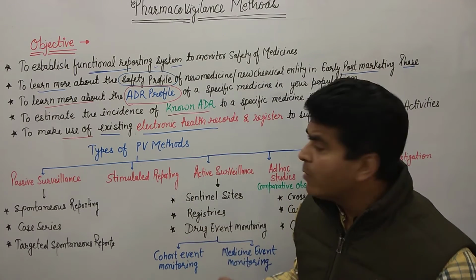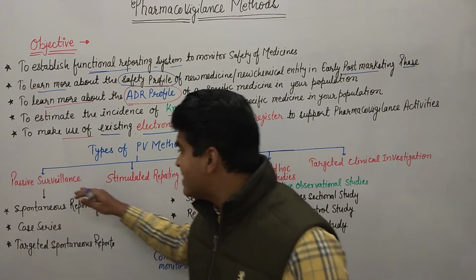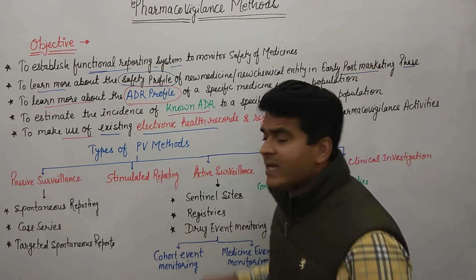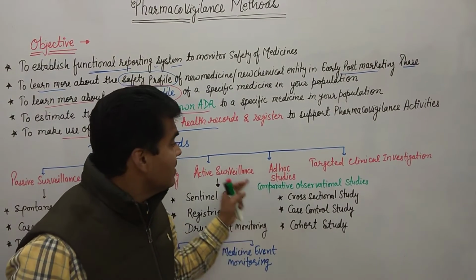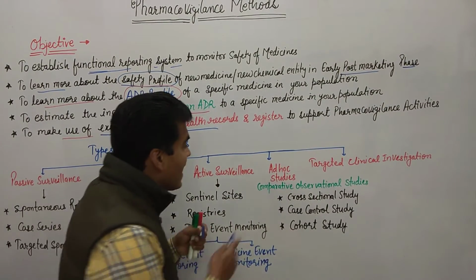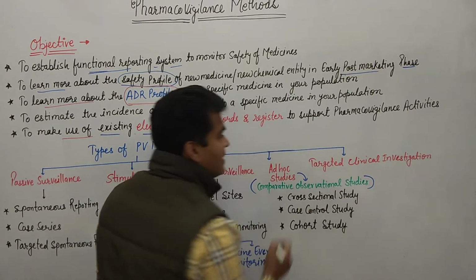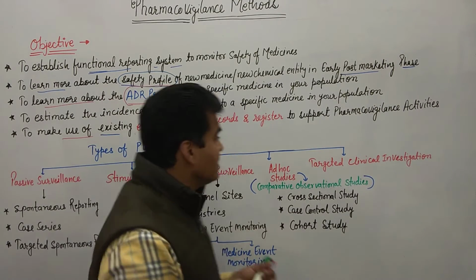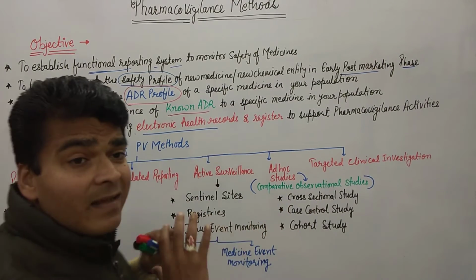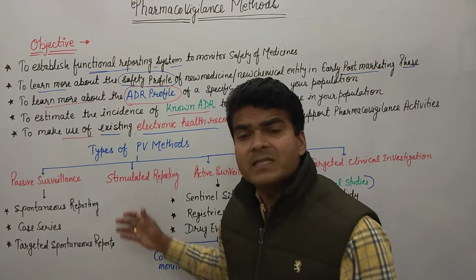So we can divide pharmacovigilance methods into 5 types: passive surveillance studies, stimulated reporting, then active surveillance, then ad hoc studies, which are also known as comparative observational studies, and then targeted clinical investigation. These are the 5 major categories, and in each category there are further sub studies.